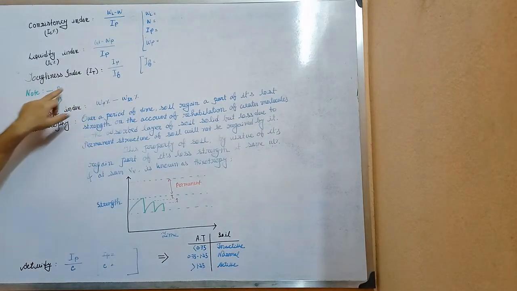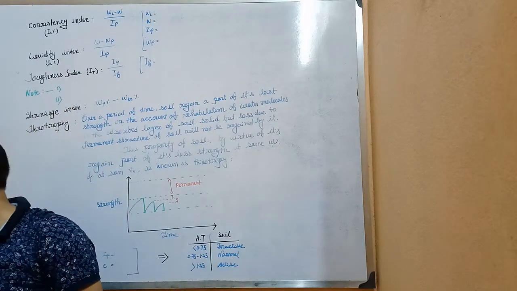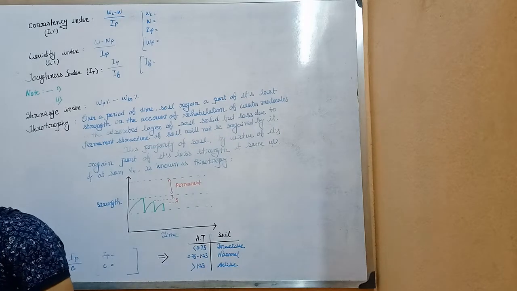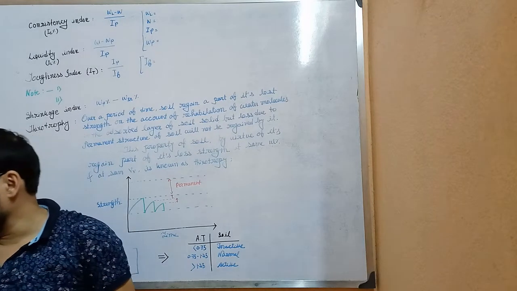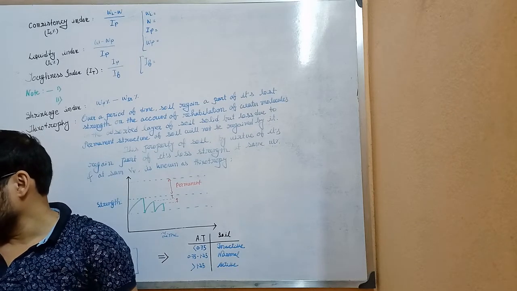And next, write a note here after toughness index. Generally its value lies between 0 to 3.